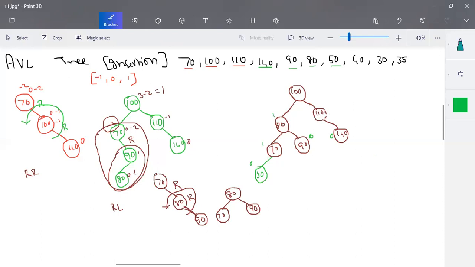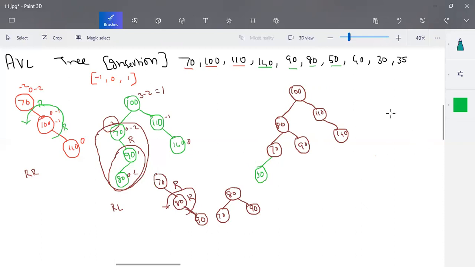And for 110, there is no left subtree and only one right subtree, height is 1. So it is 0 minus 1, it is minus 1. For 100, the left subtree height is, take the longest branch that reaches to the child. So the longest branch consists of 1, 2, 3 edges. So the height of left subtree is 3 and the height of right subtree is 2, equal to 1. So all the balance factors are either 0 or 1 or minus 1. So it is a perfectly balanced AVL tree. All the balance factors satisfied.